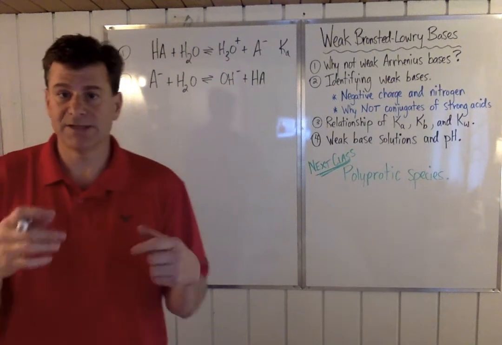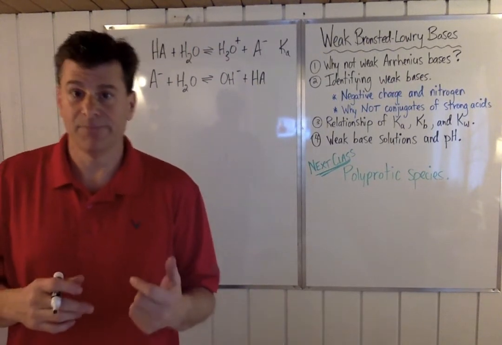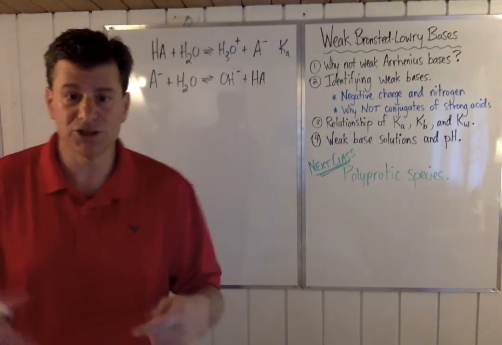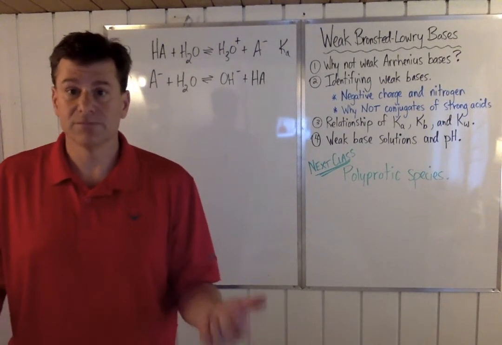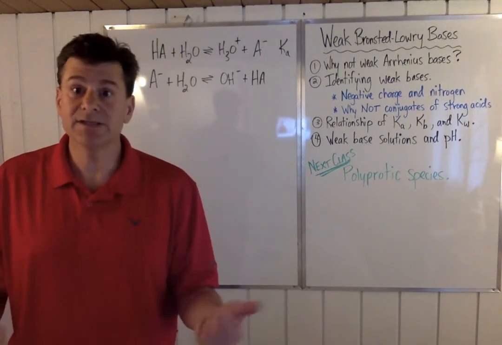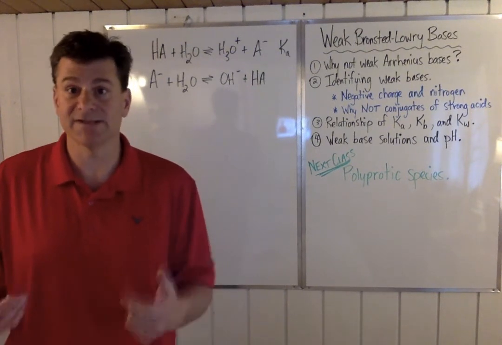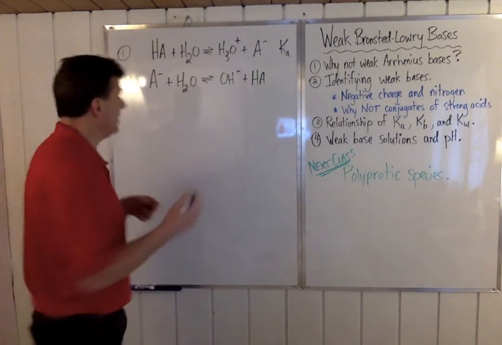The base picks up an H off of water, and the water leaves behind a hydroxide. And so there's the equation for a negative one charged ion acting as a base. Because A minus is acting as a base, it has a K expression, which is its Kb. It's acting as a base in water, so it has an equilibrium constant of Kb.